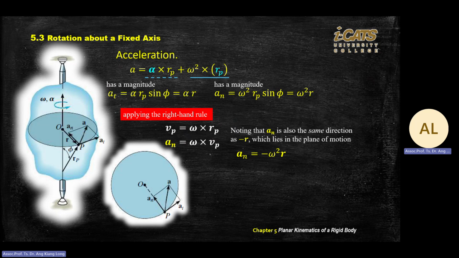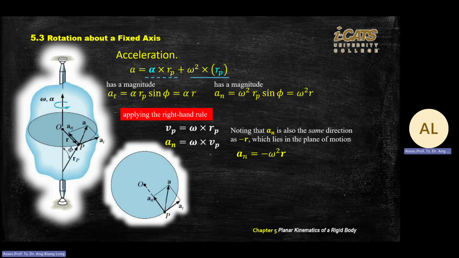Just now we only defined the magnitude a_n equal to omega square R, but if you are given a question with R pointing outside positive, then the answer for a_n will be negative because it's a different direction from the R axis direction.